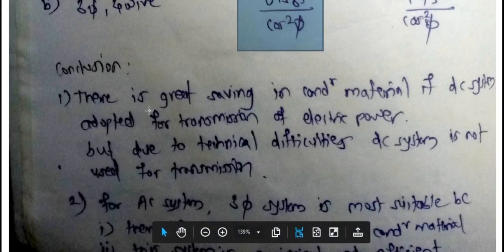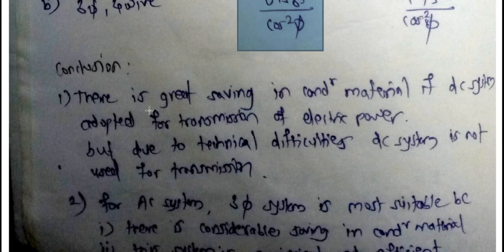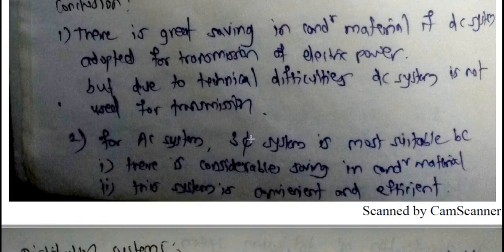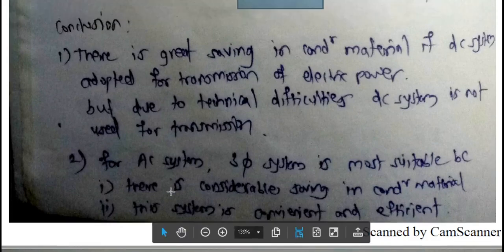The summary is here. There is a great saving in conductor material if DC is adopted for transmission of electric power, obviously. But due to technical difficulties, the DC system is not used for transmission. For the AC system, the three phase system is most suitable because there is a considerable saving in conductor material.